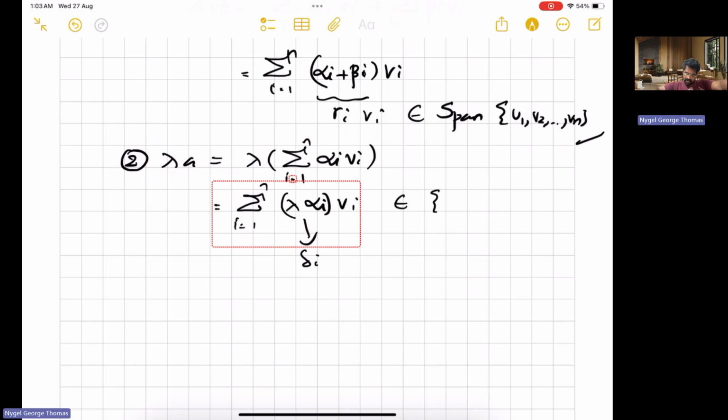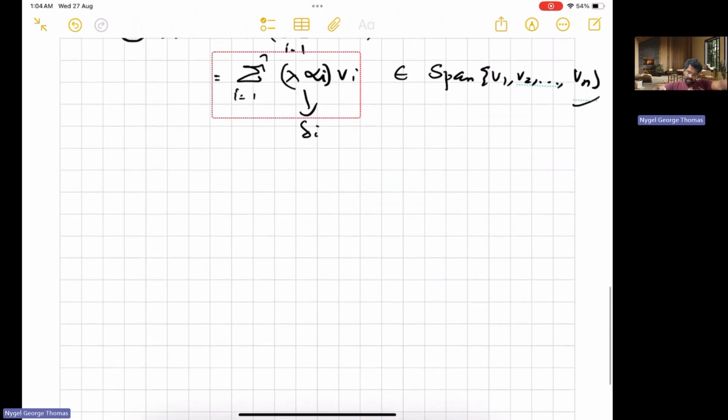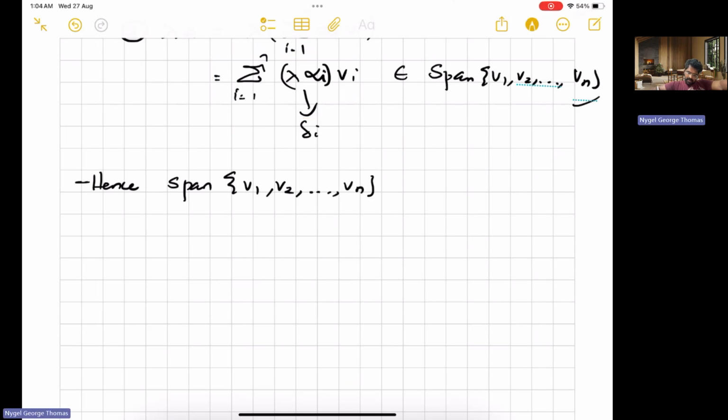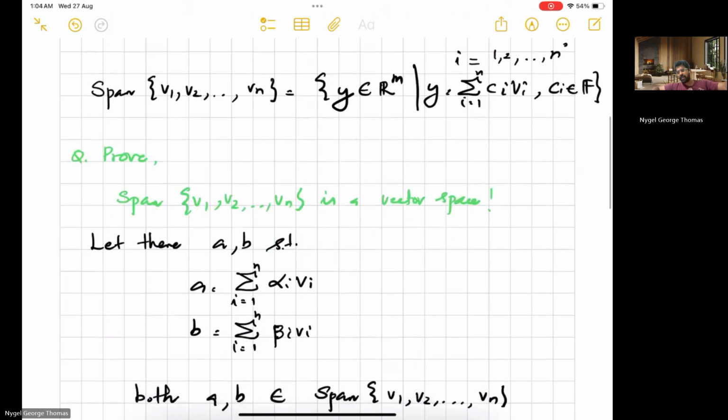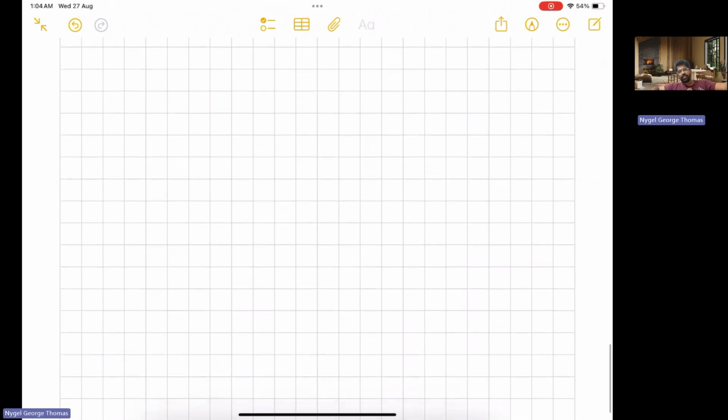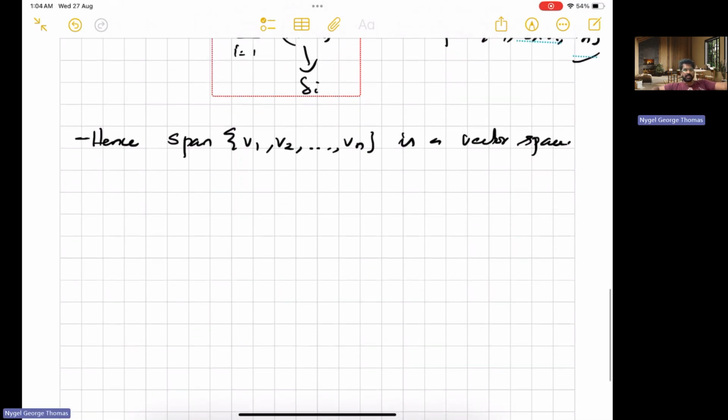So this again belongs to the span of vectors v1, v2, etc., vn. So both these properties are satisfied. Hence, span of v1, v2, etc., vn is a vector space. It's a very simple proof.